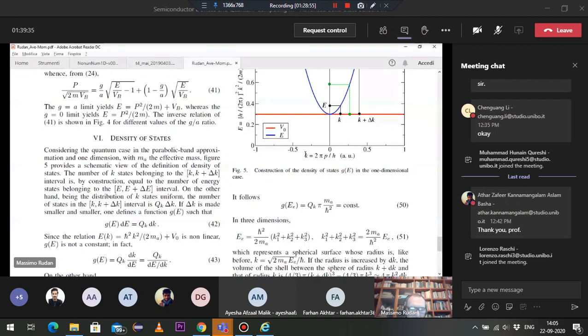And it takes a special symbol. It is an H with a bar. Okay, so H bar is the reduced Planck constant. So momentum squared becomes H bar squared K squared. So the relation of this example between energy and K is this one. Okay.